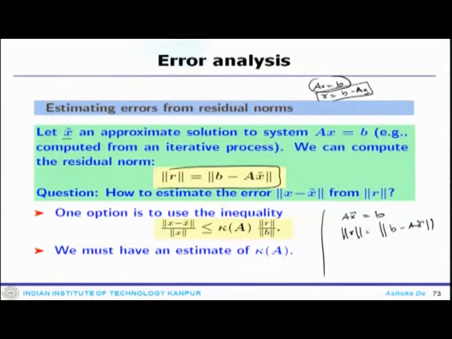So, how to estimate this? From this, one point is to use the inequality: the norm of x minus x prime divided by the norm of x is less than the condition number of A times the norm of R divided by the norm of b. This plays a crucial role, and along with that the condition number also comes into the picture.